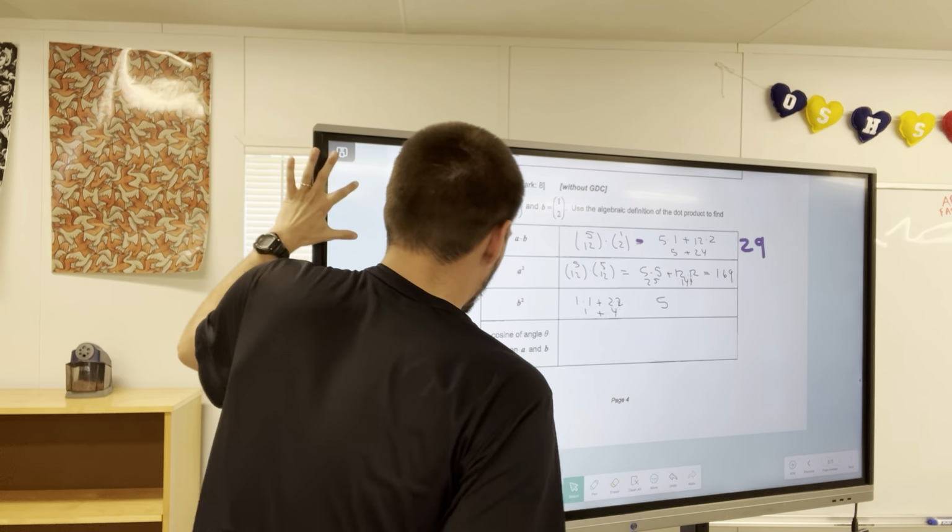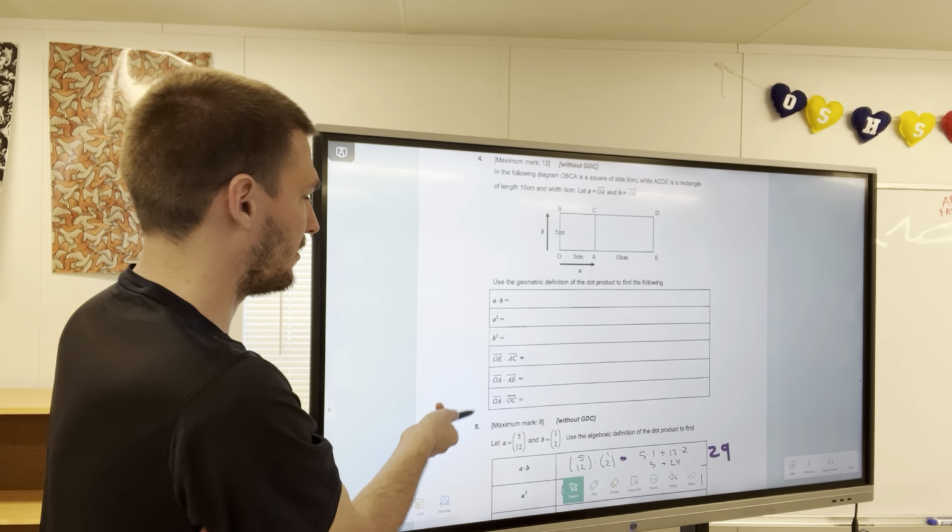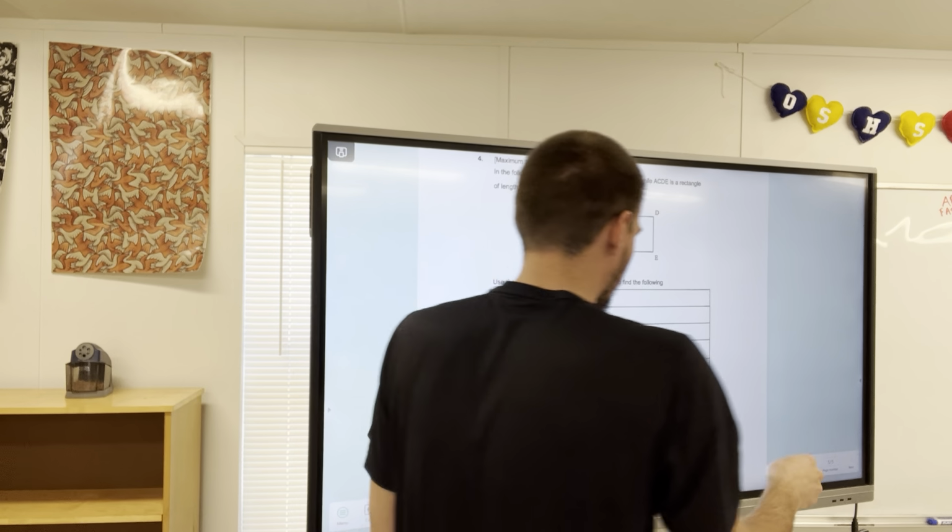Now if we look at the top, which is also asking us to do the dot product, well, we don't really know what those x and y values are. We can't use the same formula. We're not set up as nicely here.